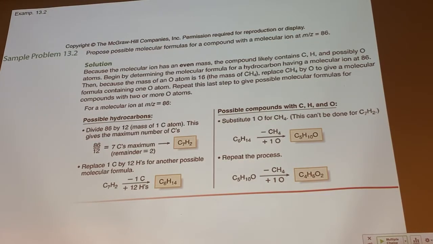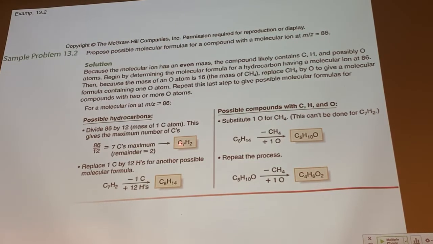So how would we come up with possible molecular formulas for a molecular weight of 86? The first thing we do is divide 86 by 12 to figure out the maximum number of carbons that we could have. In this case, we get 7 remainder 2, C7H2, and that first formula is probably going to be a nonsense formula, right?